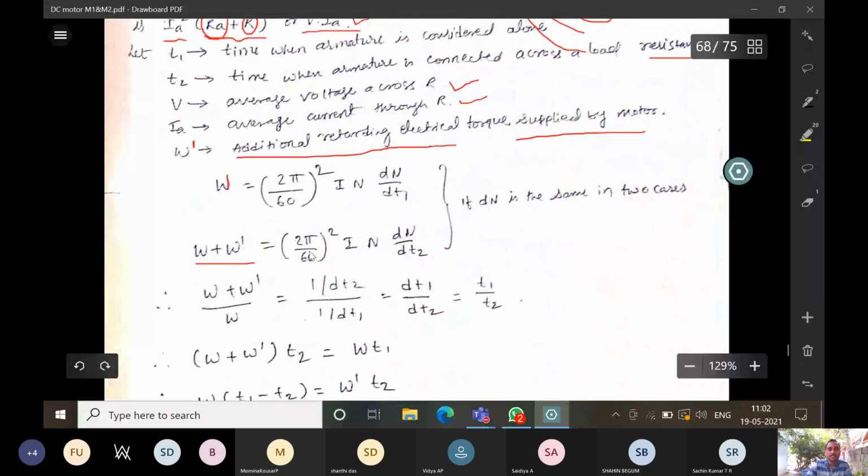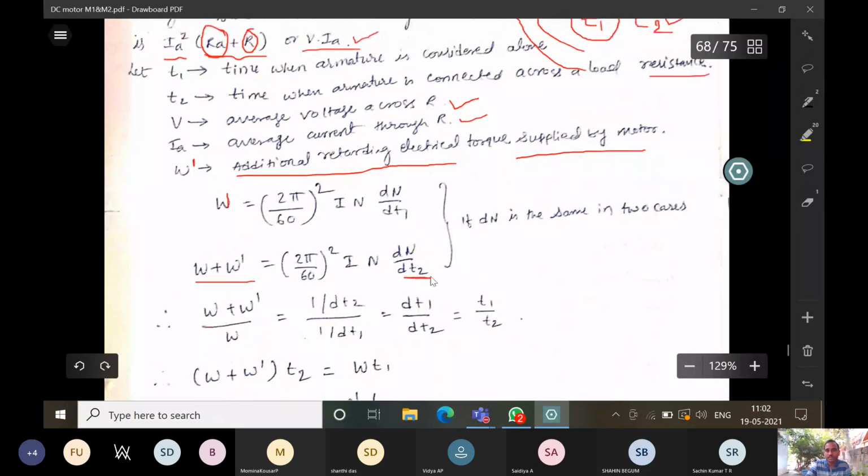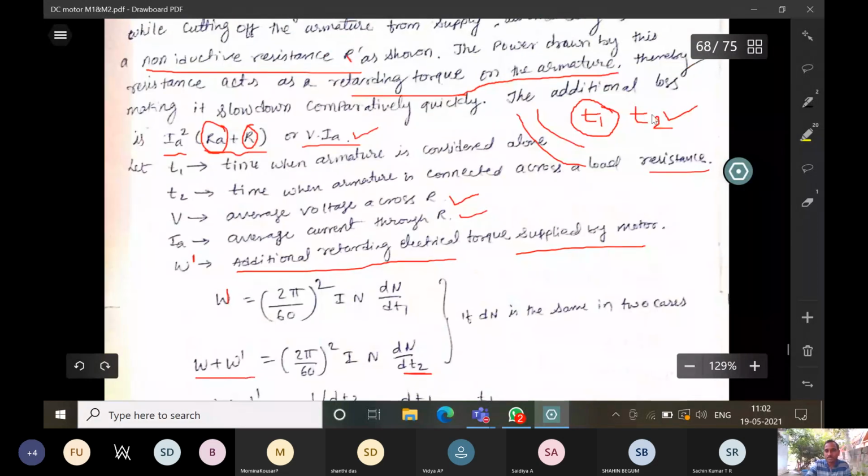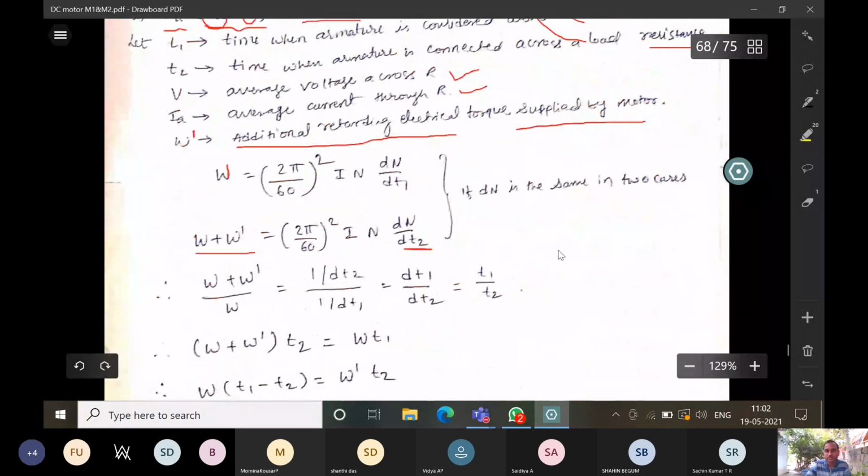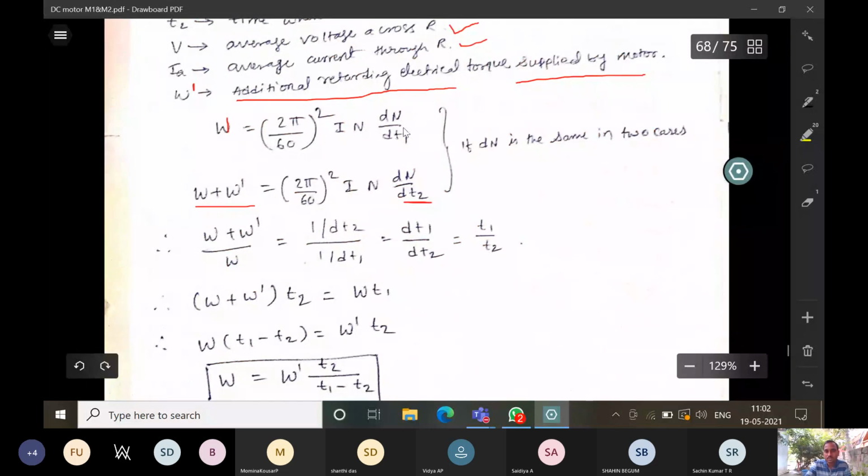So this is equal to (2 pi by 60) square I n dn by dt2. Additional resistance is added, hence taken as T2. Here, without resistance, it is T1.